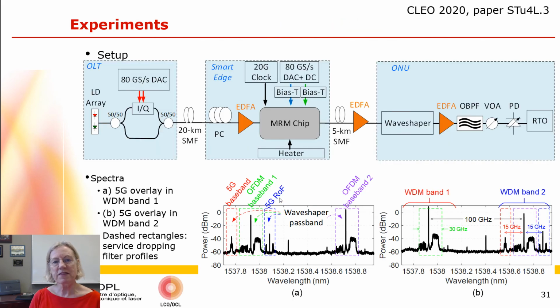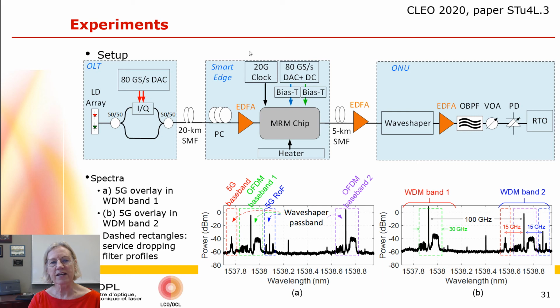So this was the experiment that we ran. We generated our digital signal as if it was coming from the central office, and then we have our microring modulator cascaded chip here where we're adding on the radio over fiber signals.